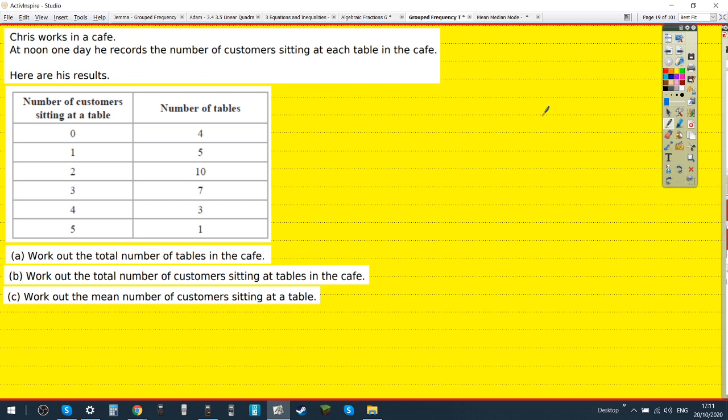Here are his counts. Find the total number of tables in the cafe. Okay. You can use a calculator. Okay.